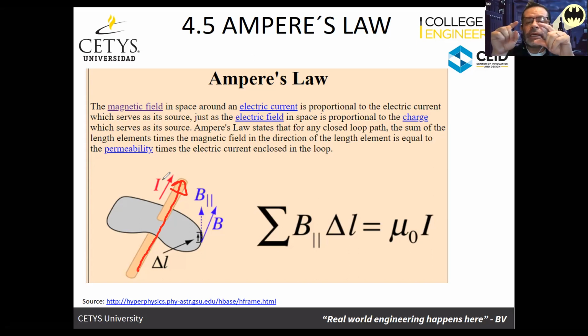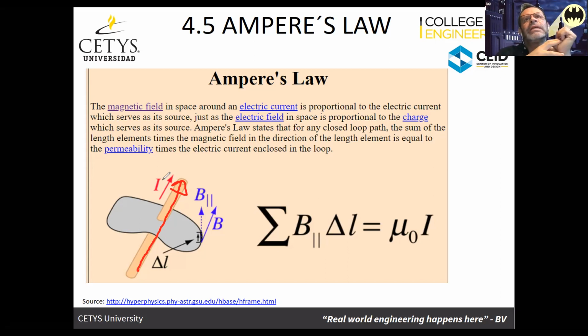The sum of these times the increment of the distance is going to be equal to the permeability times the current that's going through it. Remember that we had concepts like permittivity when we were talking about electrical charges. Now we have permeability, which is a concept that's similar or analogous, but regarding magnetic fields.